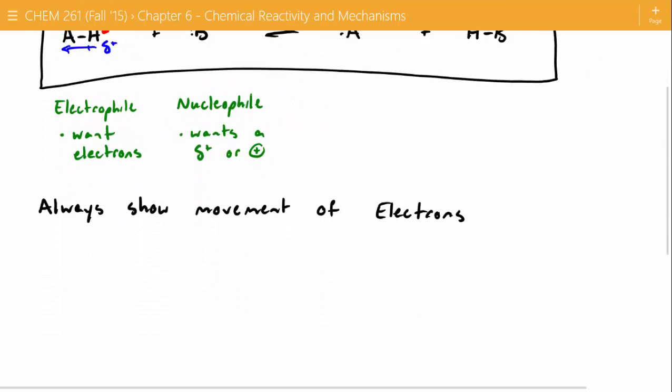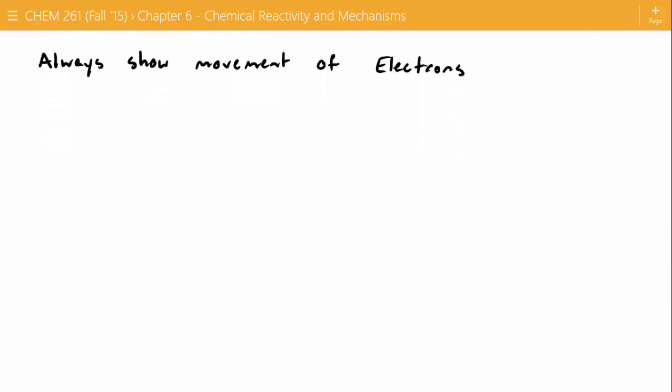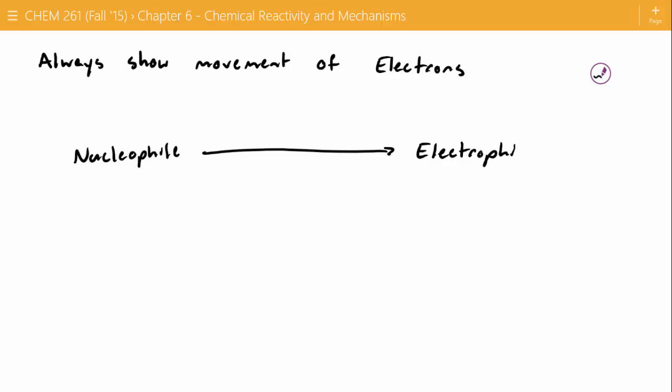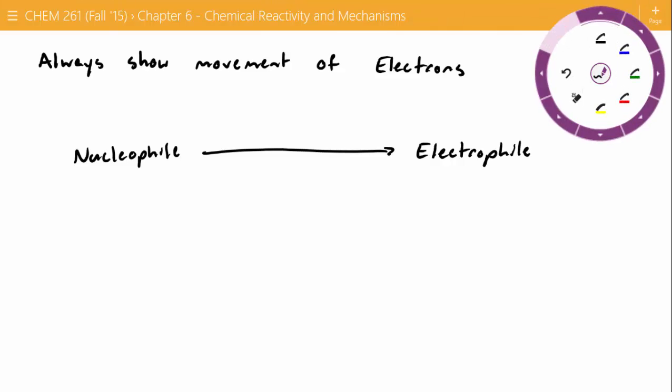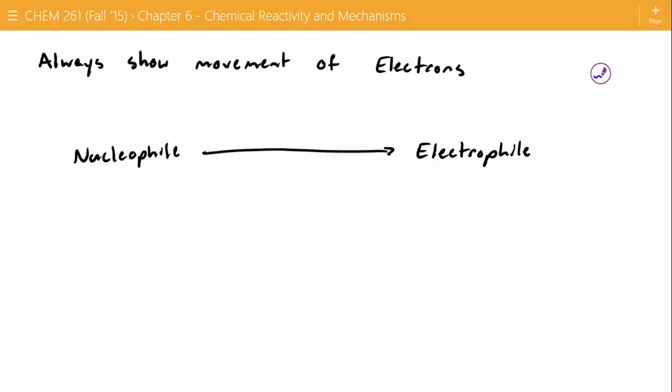And so typically when we're looking at movement of electrons, we have our nucleophile going and attacking our electrophile. And what we call this is just a nucleophilic attack.